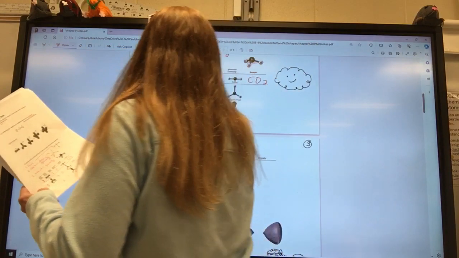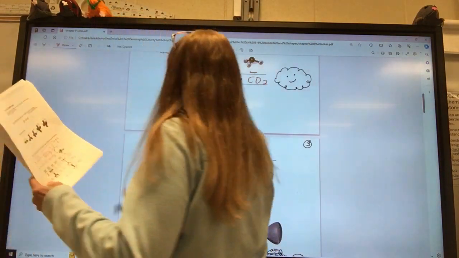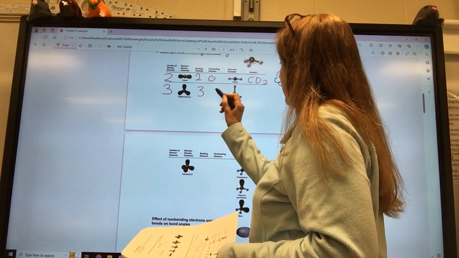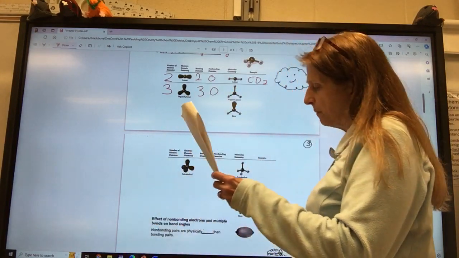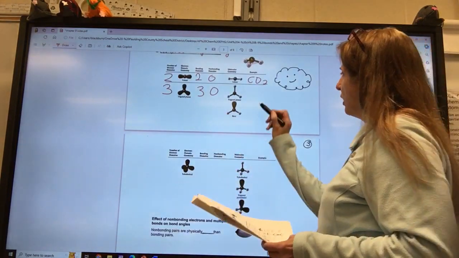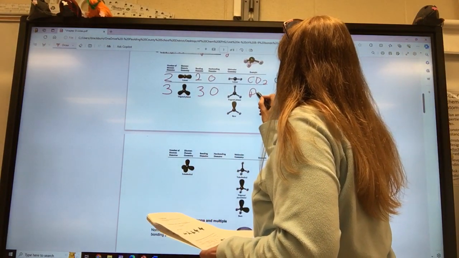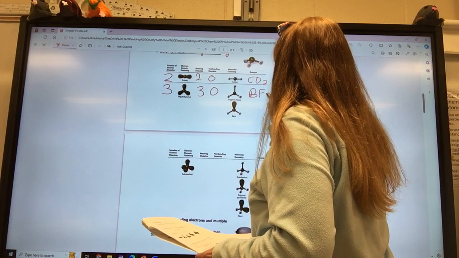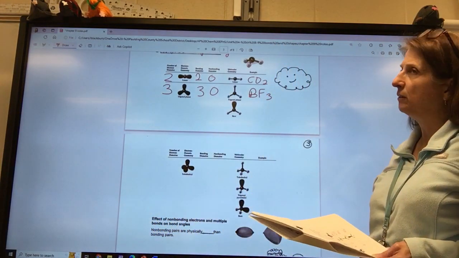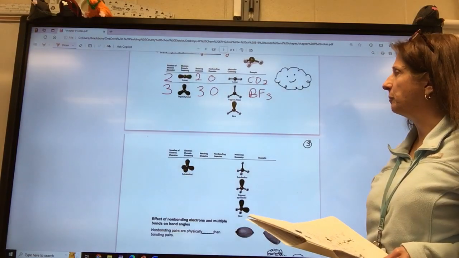The next is three electron clouds. And if we have all three of them making bonds and none of them not making bonds, it looks like that, trigonal planar. An example of this is BF3, boron trifluoride.